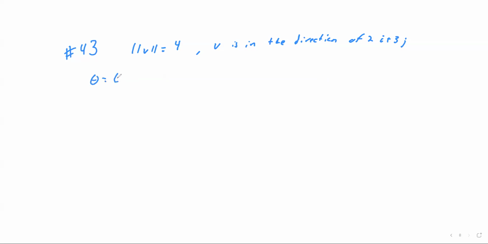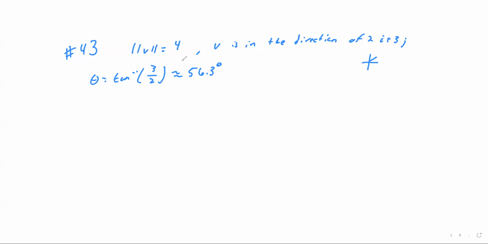To find the angle, this would be tan inverse of 3 over 2, and this would give me 56.3 degrees. In this situation, it's in the correct quadrant because 2 comma 3 is in this direction, so I don't have to do anything to this degree. It's good to go.